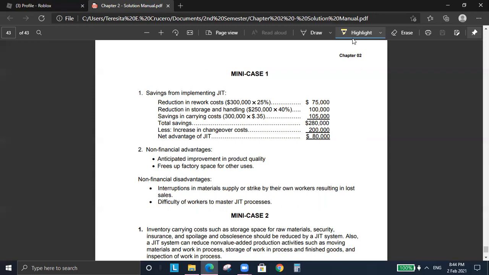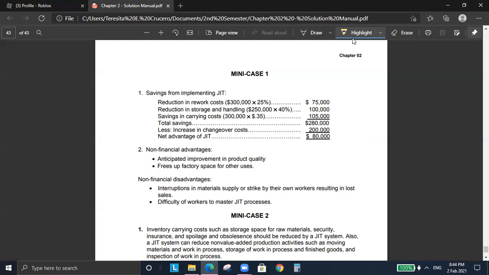The non-financial disadvantages are interruptions in material supplies or strike by their own workers, resulting in lost sales. When you have no material supplies, then you cannot rely on the suppliers.